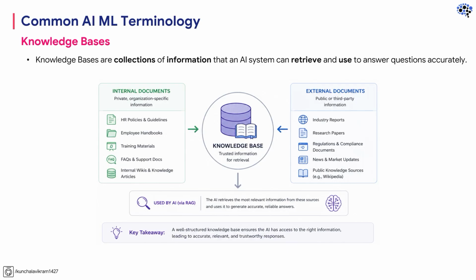Internal documents include HR policies, employee handbooks or runbooks, training materials, FAQ documents, or some readme files. External documents can be research reports, news and market updates. Combined, all these we call a knowledge base. So RAG-based applications use this knowledge base to get the relevant context.